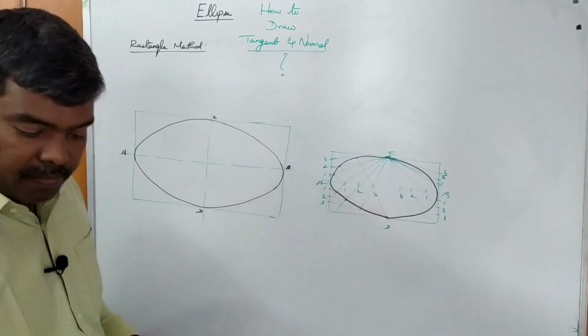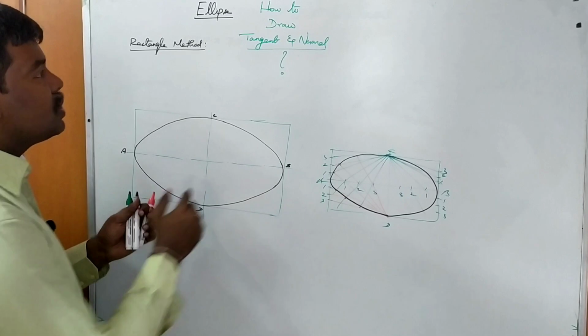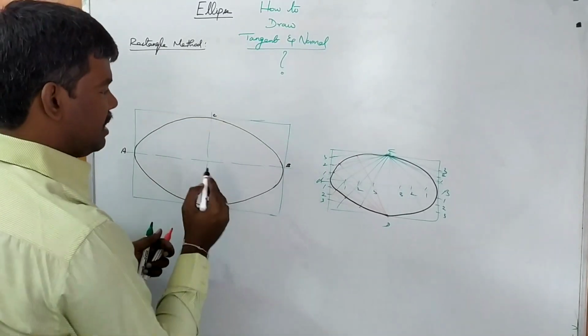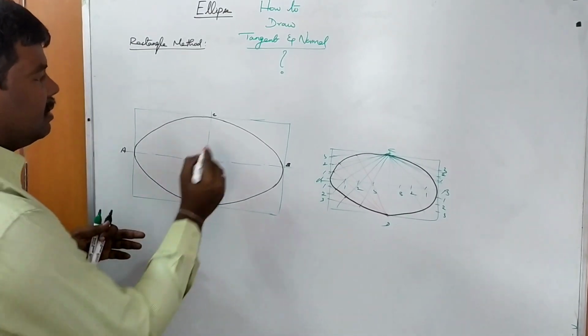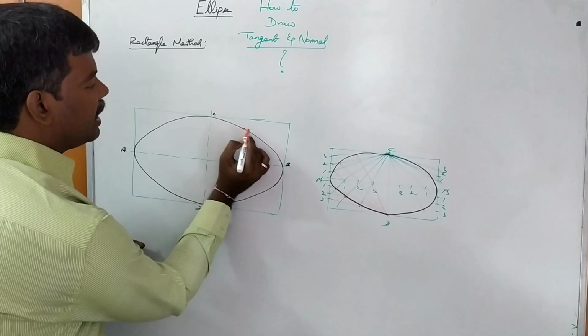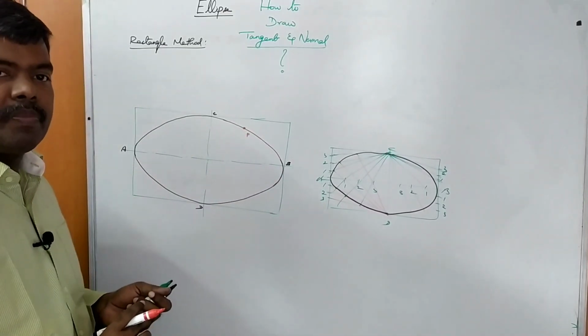So in today's class, how to draw a tangent and normal here. Clear? Very simple. Draw a tangent and normal at any point, for example P. That is our question.